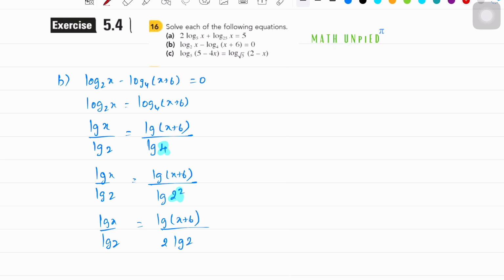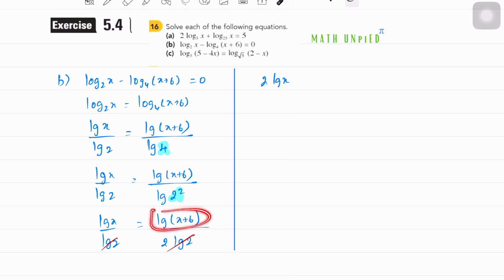Now we can cancel log 2 on both sides, and if you simplify further, 2 times log x by cross multiplying, and this is log x square equals log of x plus 6.